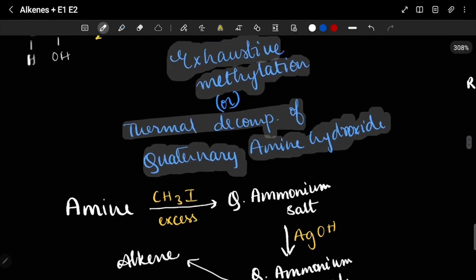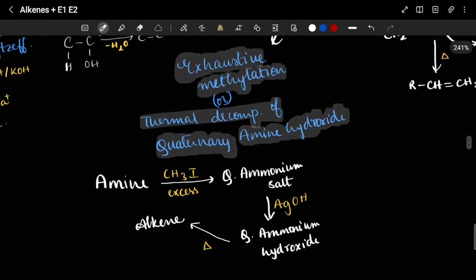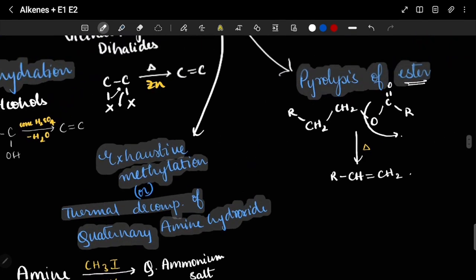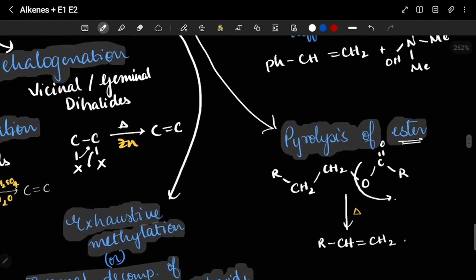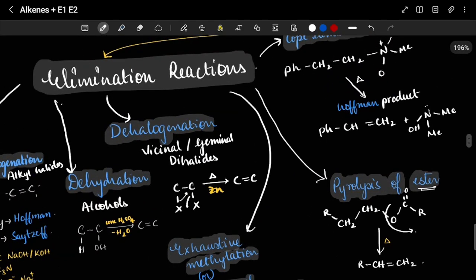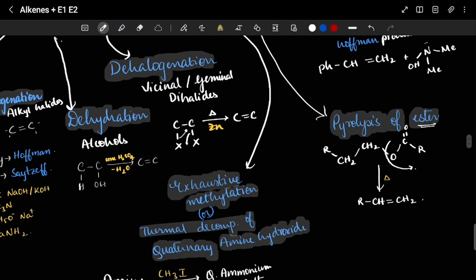Now we have exhaustive methylation or Hofmann exhaustive methylation. You treat the amine with methyl iodide, and then the ammonium salt is formed, and then you react it with AgOH. The hydroxide is formed, heated, and an alkene is formed. That is Hofmann exhaustive methylation. The important alkene formed is the Hofmann product. Now we have pyrolysis of ester. Pyrolysis means nothing but heating in the absence of air.